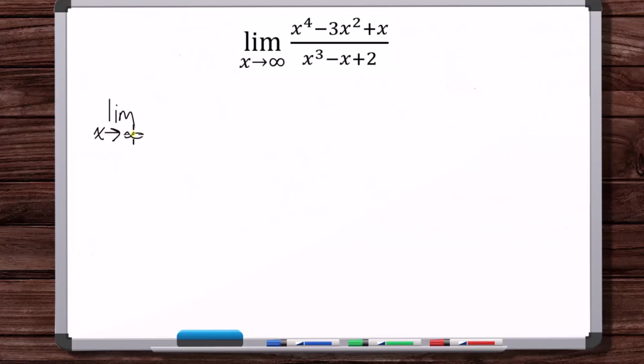Let's divide the numerator and denominator by x to the power of the order of the denominator, so x cubed.